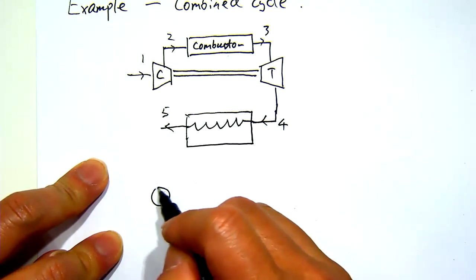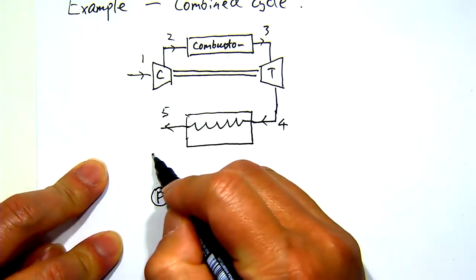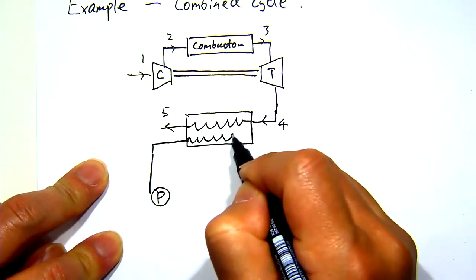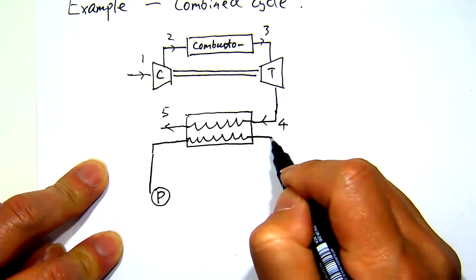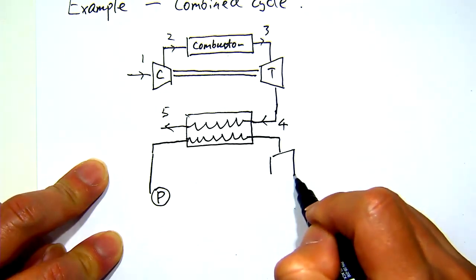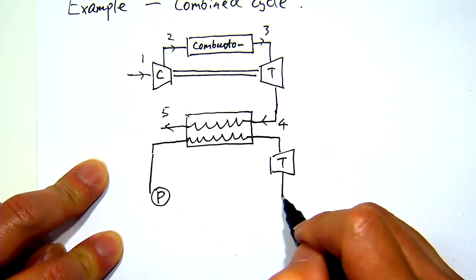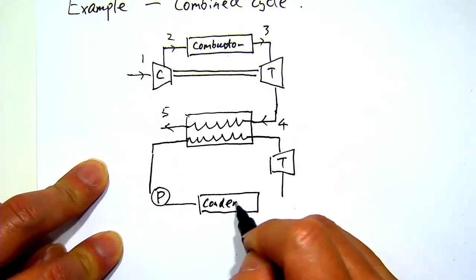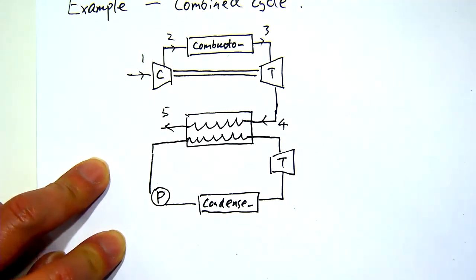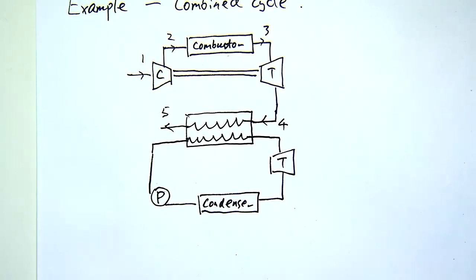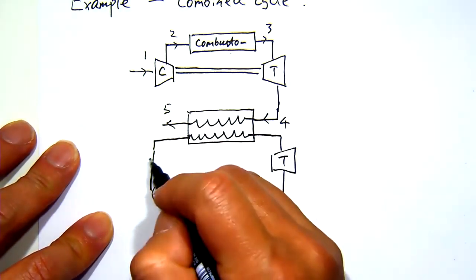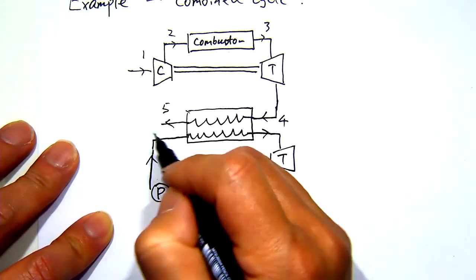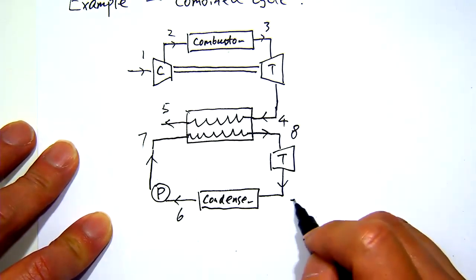So we know that we draw starting from the pump, and the pump to the high pressure, then going in this heat exchanger, and then going through the steam turbine, and then going through a condenser to complete our simple Rankine cycle. So let's say start from there. If this is 6, 7, 8, and 9.